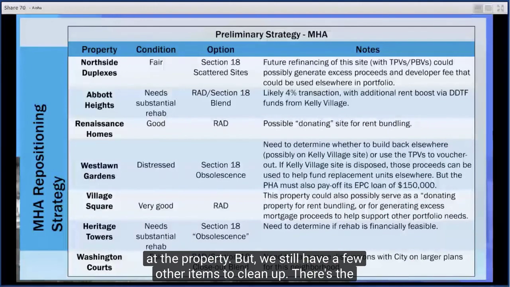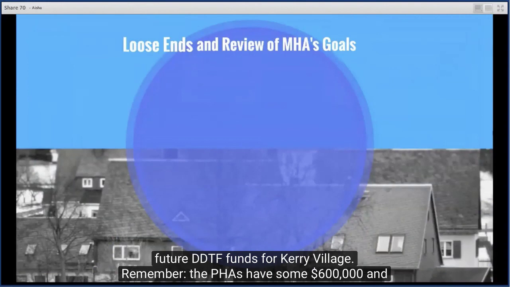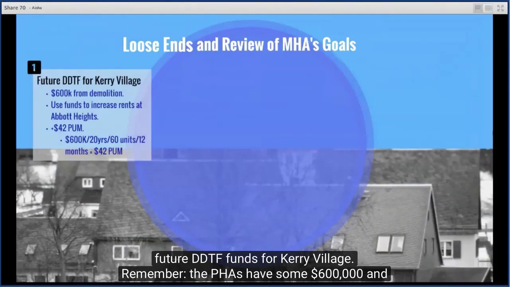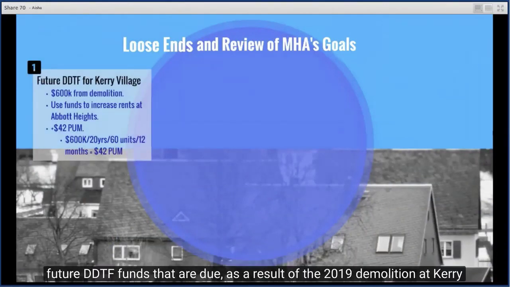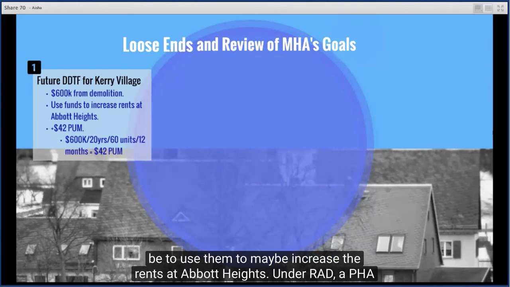But we still have a few other items to clean up. There's the future DDTF funds for Cary Village. Remember, the PHA has some $600,000 in future DDTF funds that are due it as a result of the 2019 demolition at Cary Village, and obviously doesn't want to lose those funds. The best choice would be to use them to maybe increase the rents at Abbott Heights.